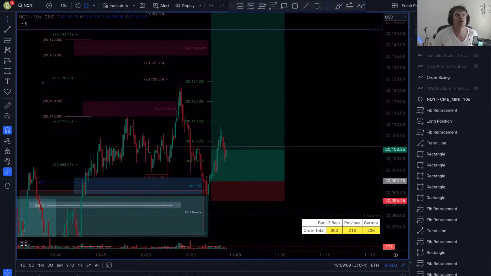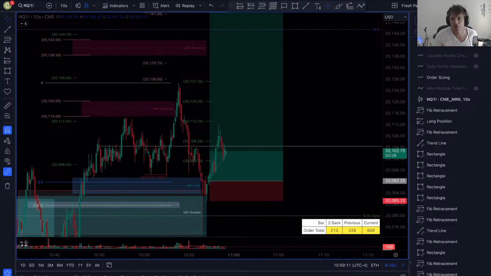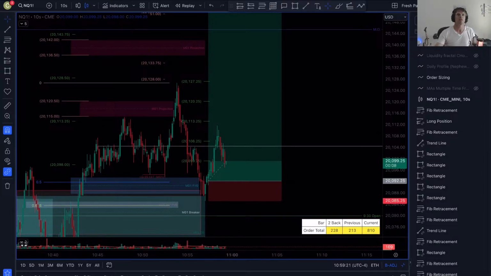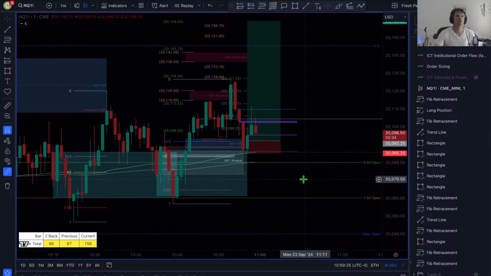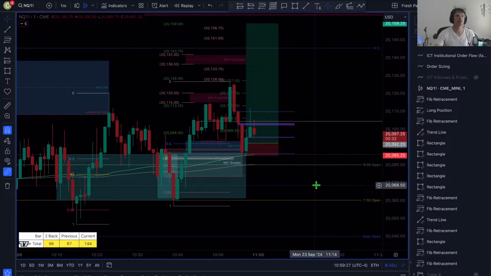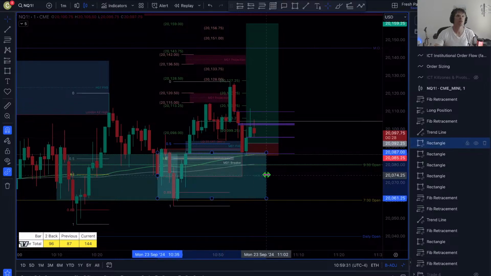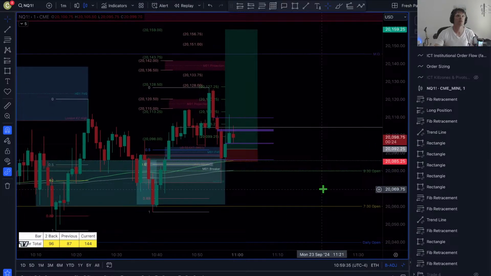2025 and then 27.25. And we'll try to trail on that one. Ooh, there's some major volume imbalances on the M1 that could be trading against. Hold into the downside.